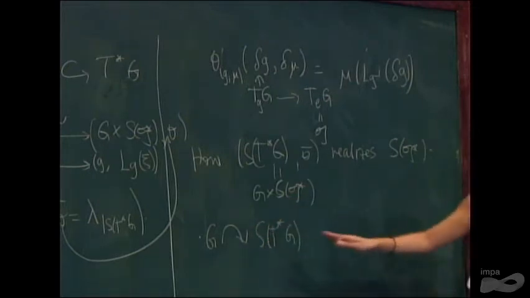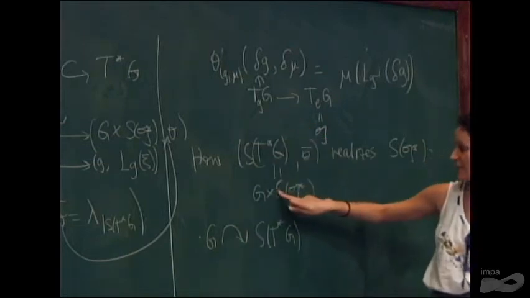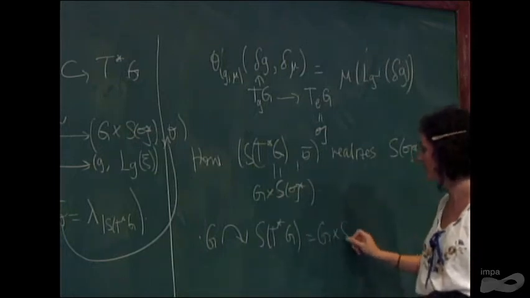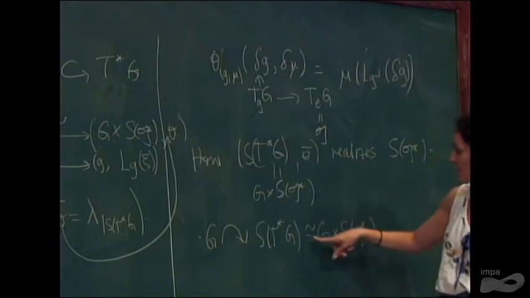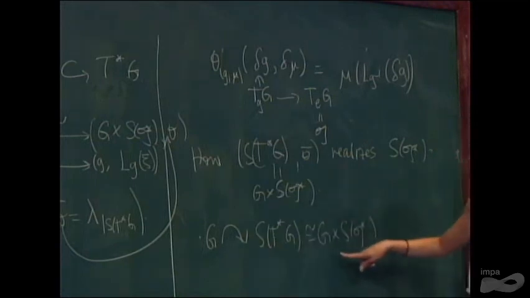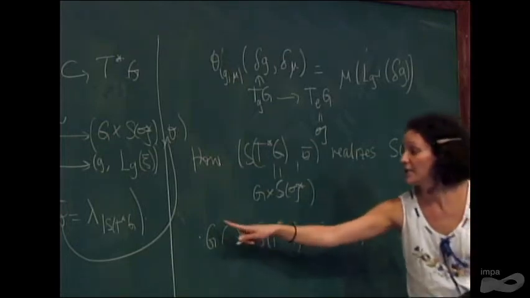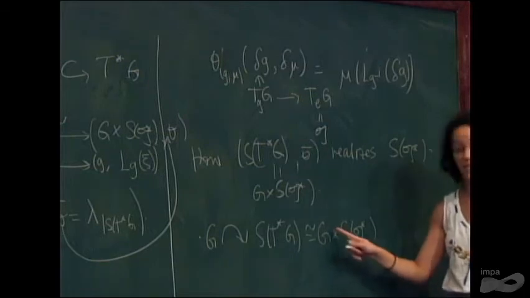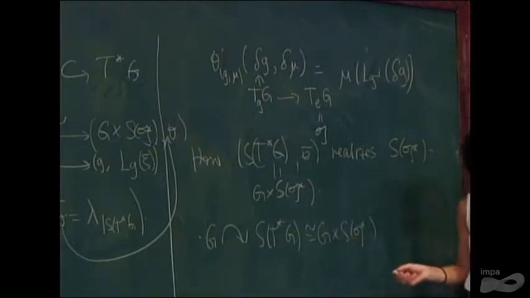If you look at this action in the right-hand side, you see that G is only acting on this component by left multiplication. So the action is very simple.